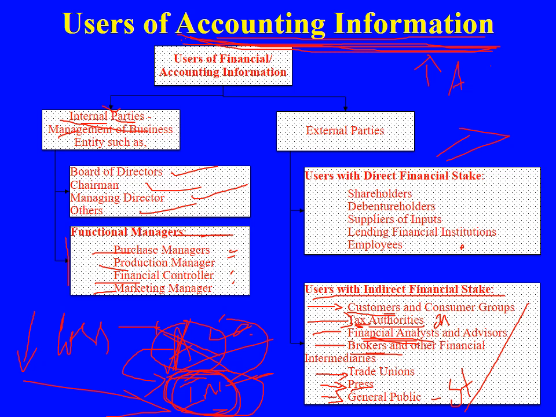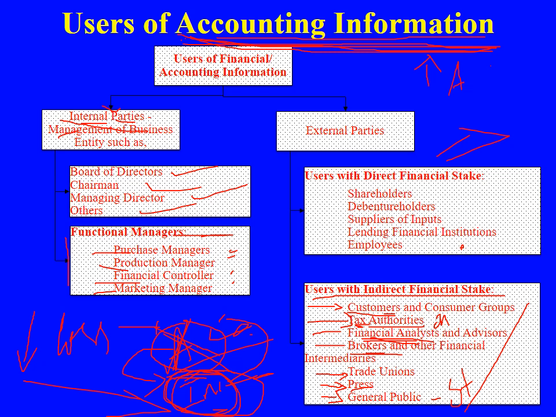They rate the company by giving grades, like A plus, points and ratings. How do they give points and ratings? When they get to know the performance of the company. And how do they get to know about the performance of the company? Only through the accounting information supplied to them.